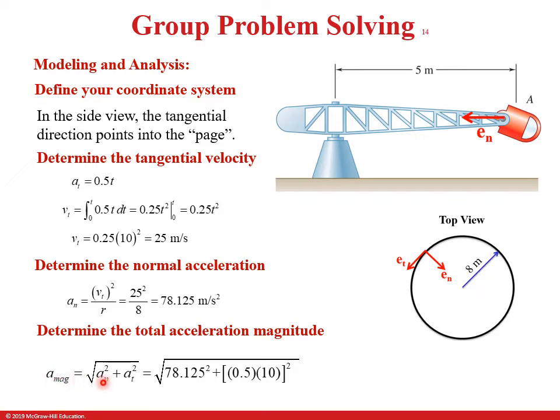Total magnitude is a sub n squared plus a sub t squared, so 78.125 squared, plus, I said 10 squared, sorry, it's 5 squared. 0.5 times 10 is 5, so 5 squared. And you get this as your answer. Direction, I guess they don't ask for direction, because we don't really know. I guess it doesn't matter.